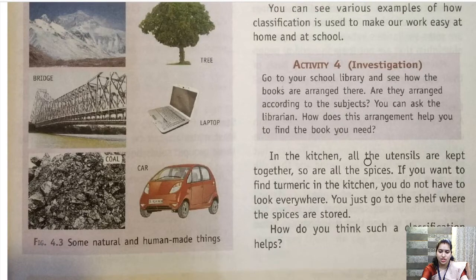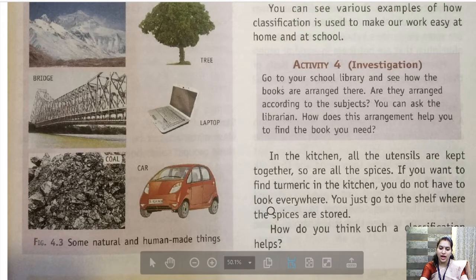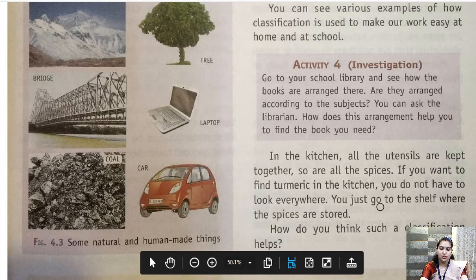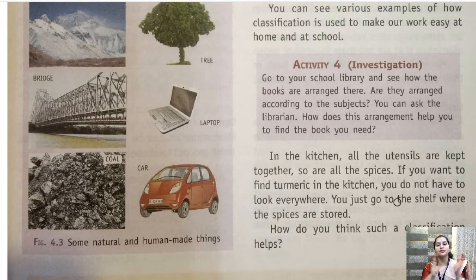In the kitchen all the utensils are kept together. So are spices. Spices matlab masala. If you want to find turmeric in the kitchen, you do not have to look everywhere. You just go to the shelf where the spices are stored. There are different shelves for all the material: utensils in one place, spices in one place, spoons in one place and glasses in one place.